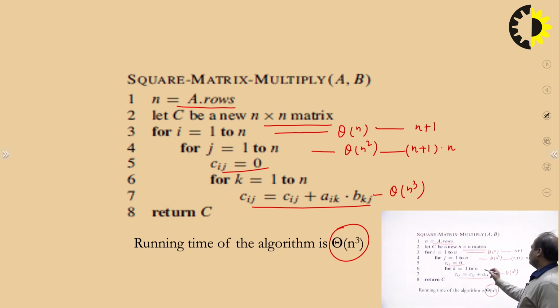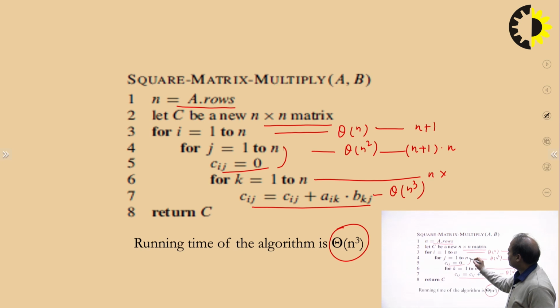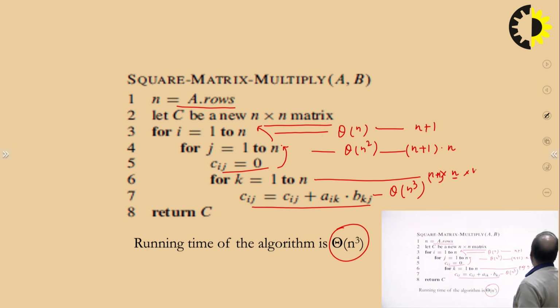Now if you talk about the running time of this loop, it is n, and its body is the body of this loop, so it is going to be n plus 1, and this is again the body of this, so its time will be this.